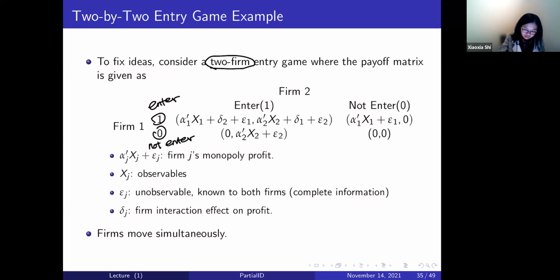As you can see, there is this delta parameter that is quite interesting for many problems. They indicate the competition effect between the firms, right? Delta one and delta two are often assumed to be negative. These are just the discounts in their payoff caused by the participation of the other firm, right?